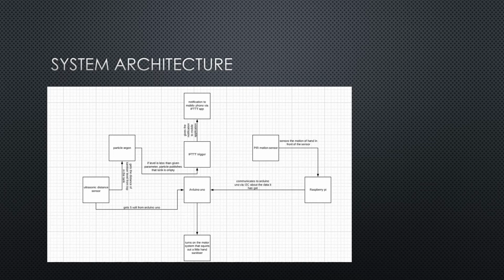So the first thing that I'll be explaining is the PIR motion sensor. It senses the motion of the hand in the bottom of the hand sanitizer, and then gives some data to the Raspberry Pi, which is connected to the Arduino Uno via I2C, and will communicate to the Arduino Uno.